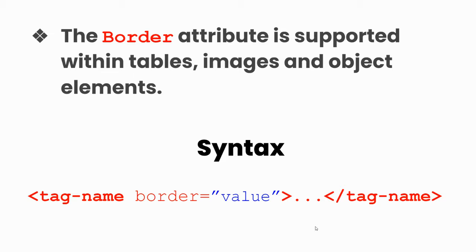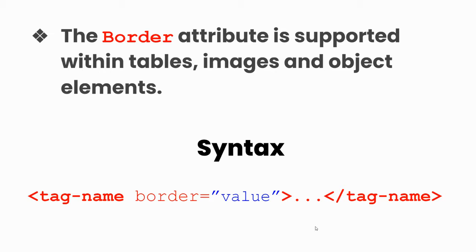Also, we have the syntax, as you can see on the screen. Within the syntax, you can see that the three elements are all multi-tags. It has the tag name, which could be a table tag, image tag, or an object tag. And we can also see the border attribute, and you can see that it is assigned a value.